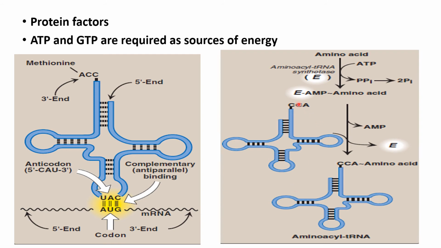In the next step, the AMP enzyme is released and the activated amino acid, first binding with this activated enzyme, is now attached at this end. Now this tRNA is called the charged tRNA when it binds the amino acid at its 3' end.